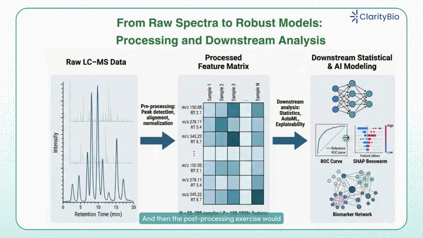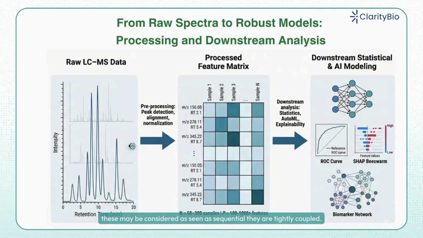And then the post-processing exercise would take place on this tabular data. This post-processing may include statistics, automated machine learning, or any type of machine learning, or any other exercise. And before you perform any downstream analysis, there is data preparation. So that data preparation is also an integral part of the downstream analysis.